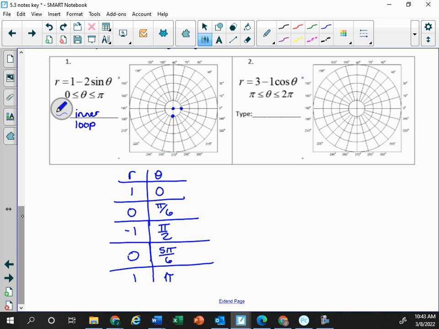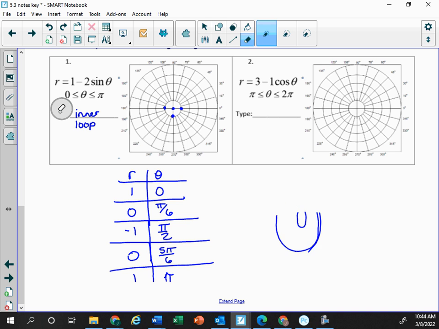And then 1 pi, so we're over here. Okay, you know your inner loop is going to have like that. That's a terrible drawing of it. That's what's happening with the inner loop, right?